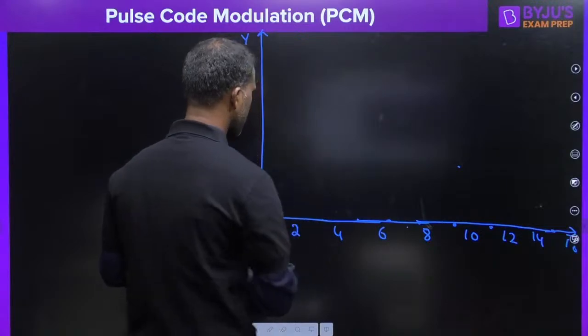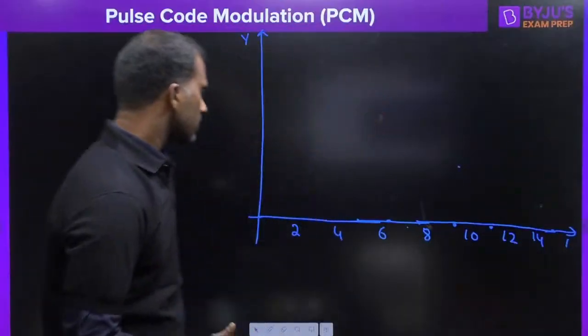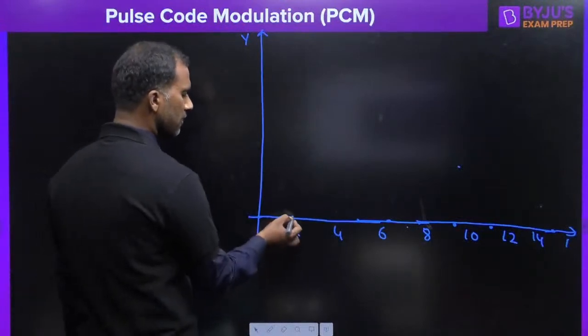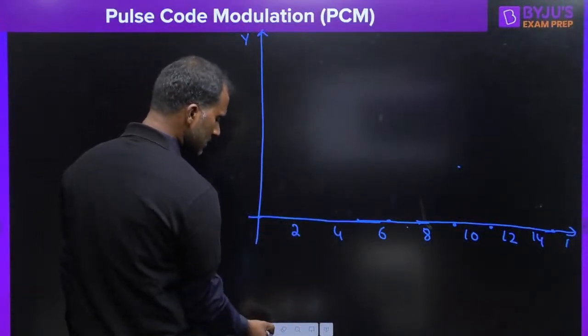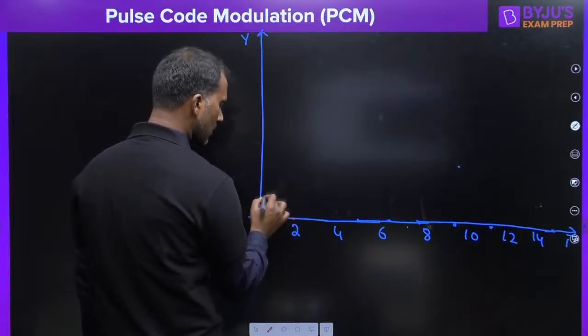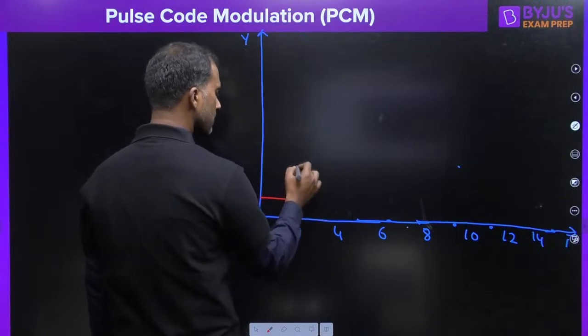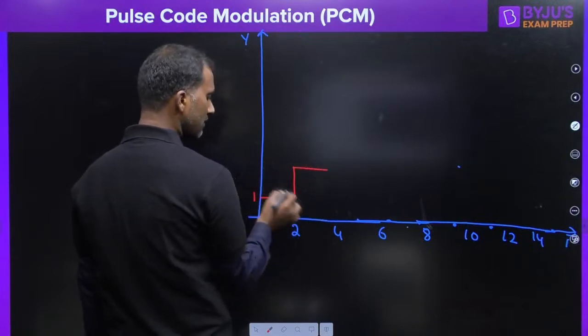Now the midpoint of these quantization boundaries we selected is the quantization level. What is the quantization level for 0 to 2 volts? It is 1 volt. What is the quantization level from 2 to 4? 3 volts. 1 is the quantization level.